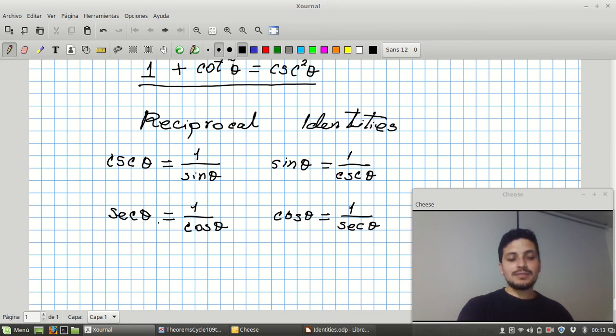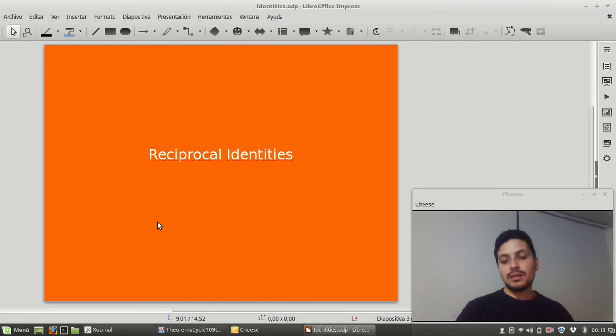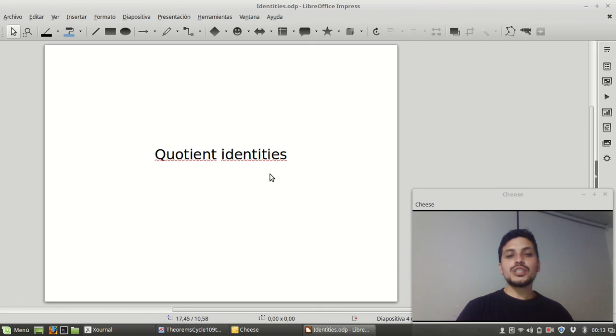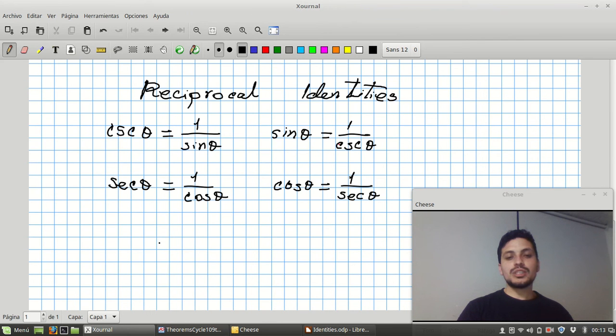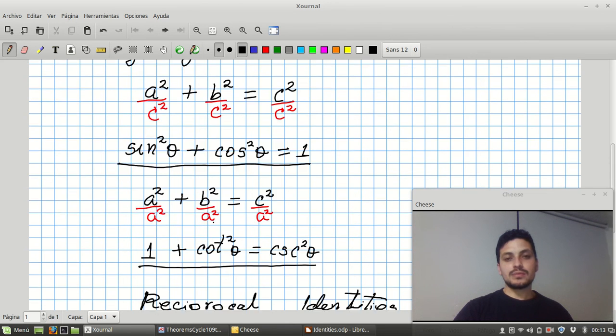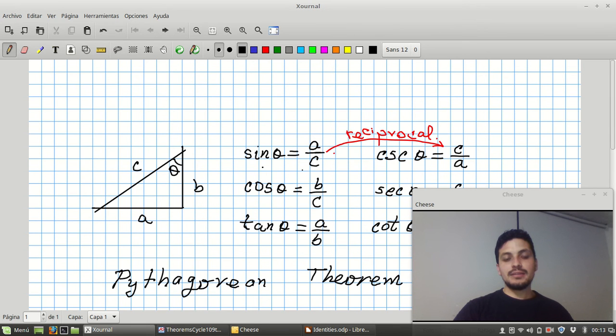And lastly, finally, the quotient identities. So there are actually just two quotient identities, and let me show you how it works. Let's start with sine, with tangent of the angle.